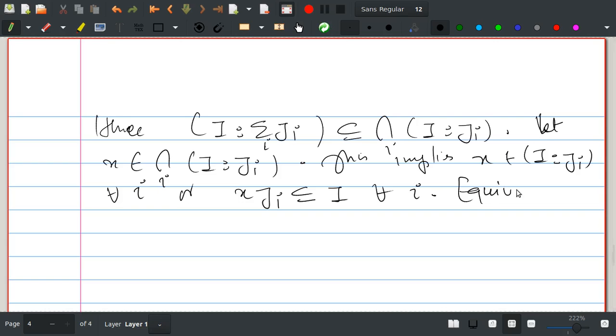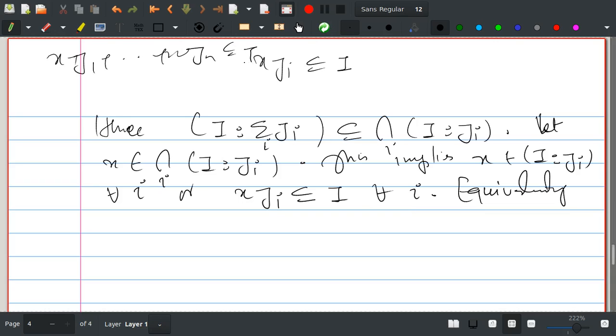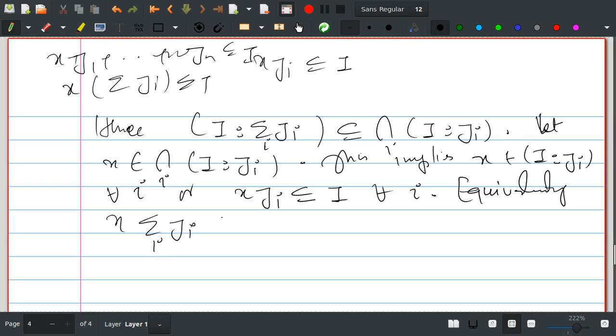That is, xj_1, xj_2 and so on are in I. Then the sum is also in I, so xj_1 plus so on plus xj_n is also in I. This further implies x times the sum of these J_i is in I. Equivalently, x times this ideal is contained in I.